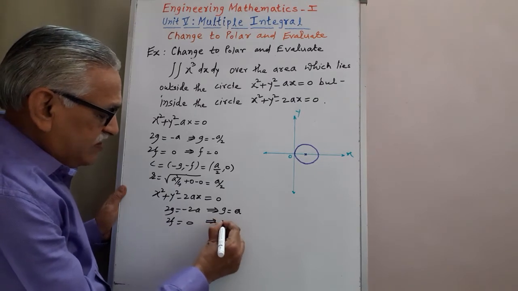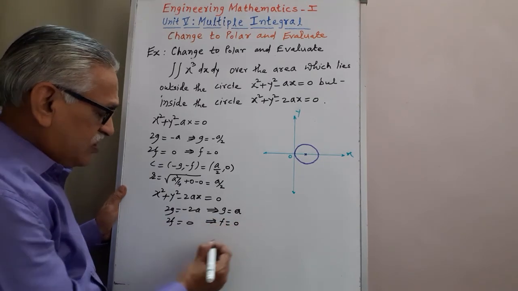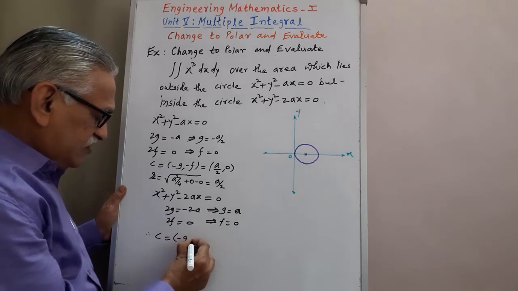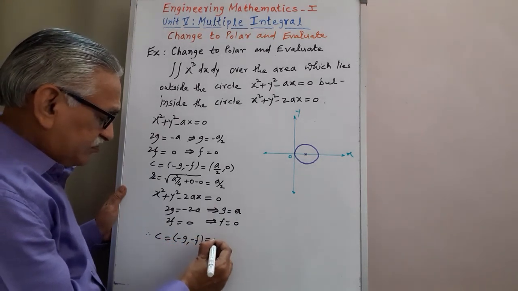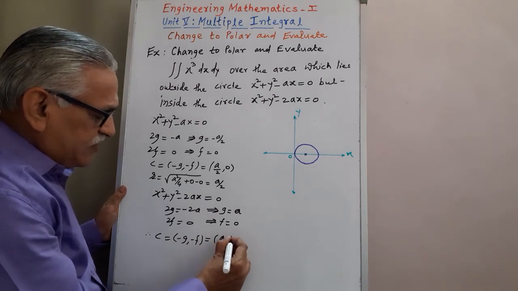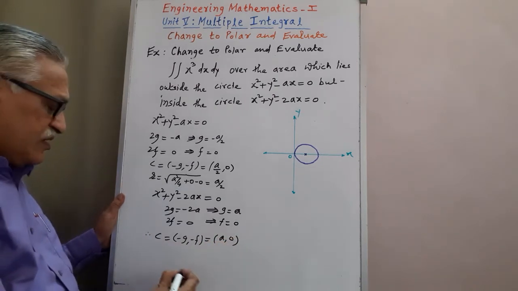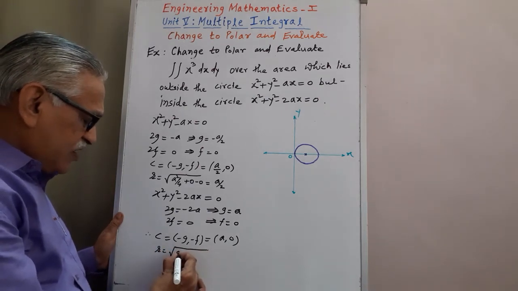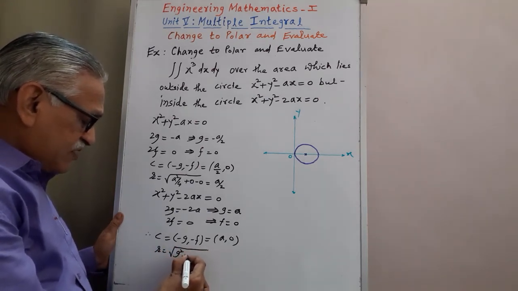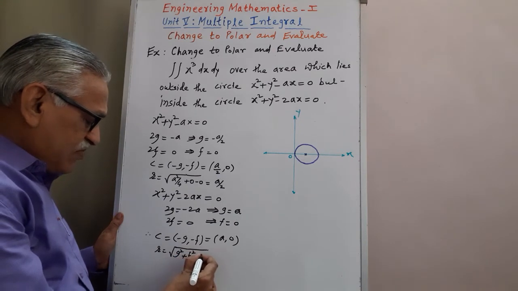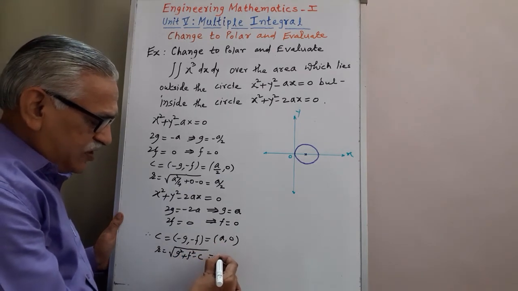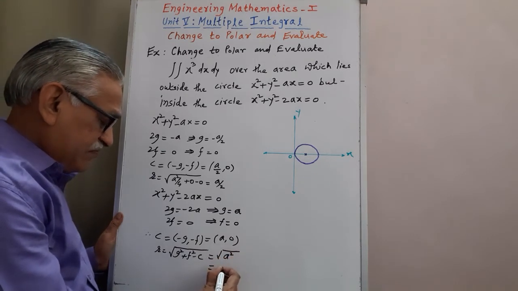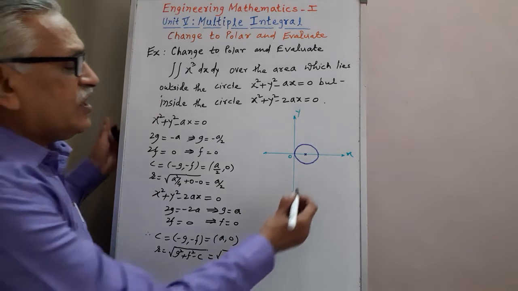It implies f equals 0, and therefore the center is minus g, minus f. Therefore that center becomes a, 0, and radius is root of g square plus f square minus c, and substituting all values, we get root of a square, that is a.